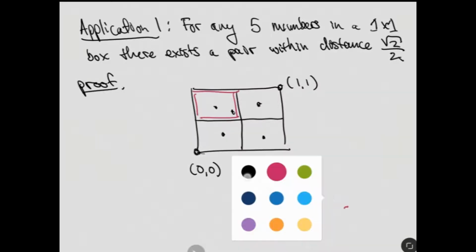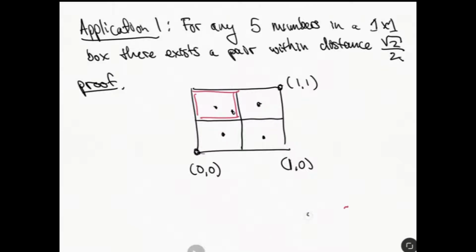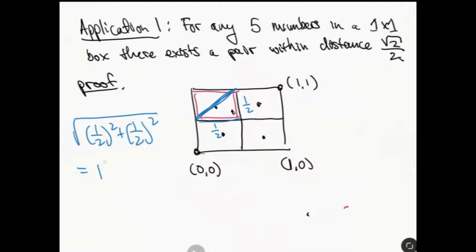Then the maximum distance is the largest distance here. This side has length a half, and this side has length a half, so the hypotenuse is the square root of a half squared plus a half squared, which is the square root of 1/4 plus 1/4, which is the square root of 2 over 4, which is square root 2 over 2.